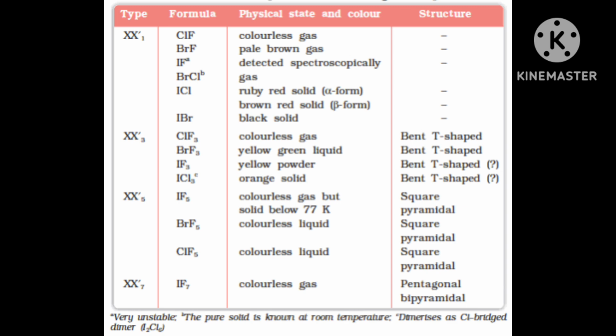Thus iodine heptafluoride, IF7, should have the maximum number of atoms, as the ratio of radii between iodine and fluorine is maximum.